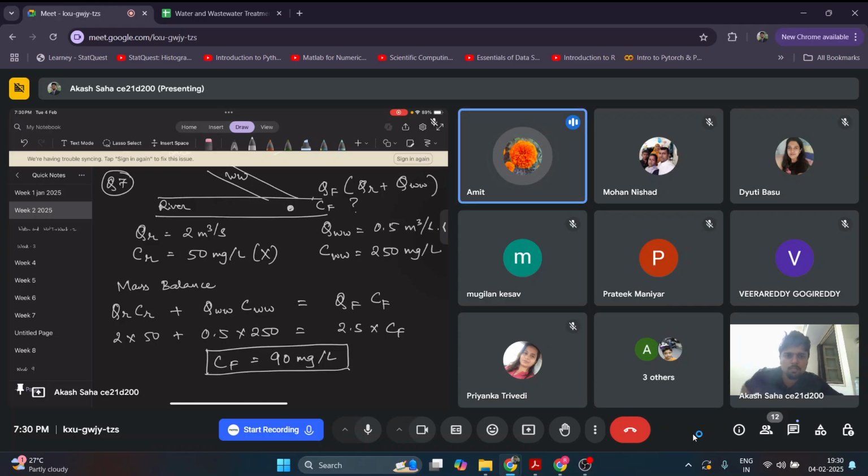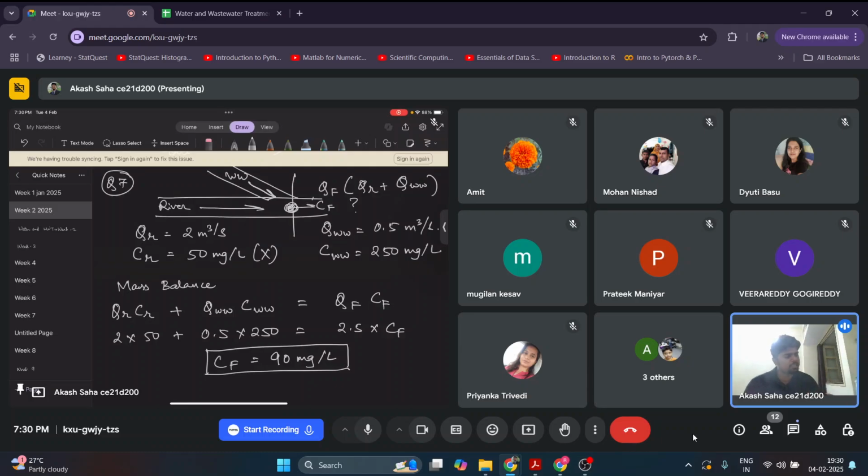How did QF come, sir? You added them? Yes, yes. See, river water is flowing from here. The wastewater is flowing. So both will mix at this point, right? So we just have to add them. The flow rate will be mixed, right? Flow rate can't change. It will not reduce, it will not increase, because we have to see this section.